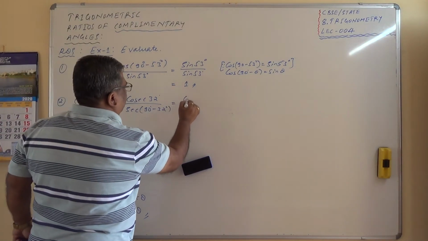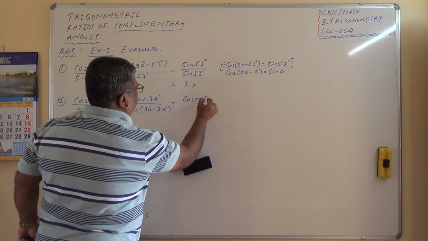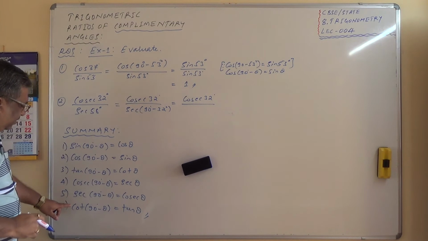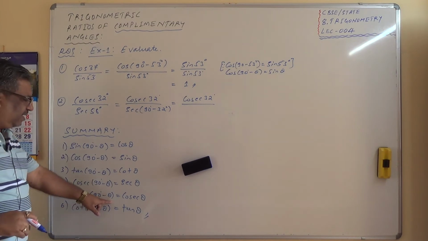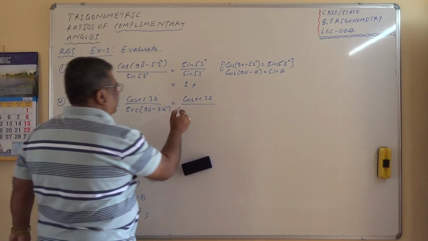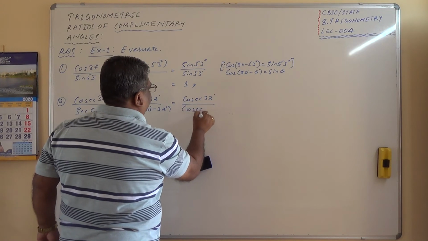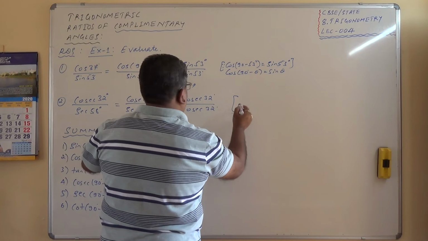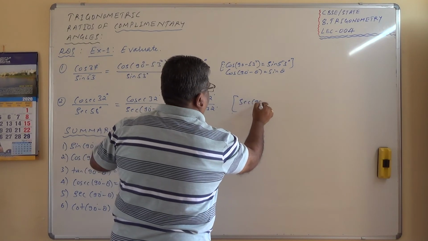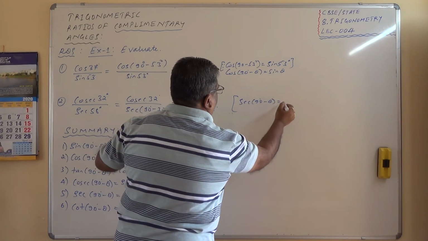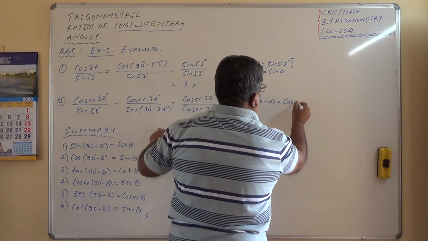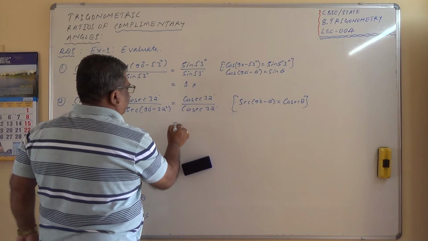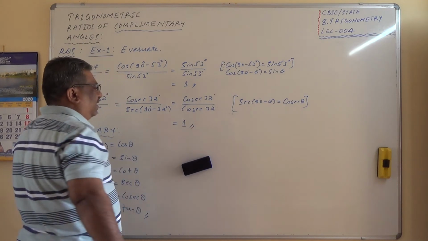Now this equals cosec of 32 degrees divided by secant of 90 minus 32. Check here, sec of 90 minus theta equals cosec theta, and therefore this is cosec of 32 degrees, and the reason is sec of 90 minus theta equals cosec theta. Therefore these two will cancel, resulting in 1. This is the answer.